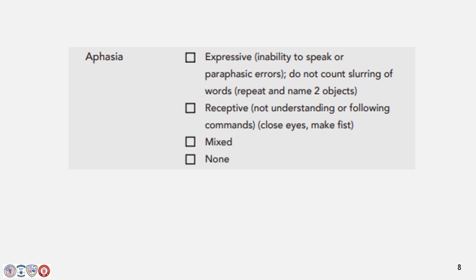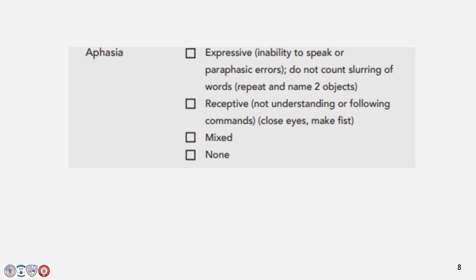This assumes, by the way, there is not a language barrier. So if you tell them, close your eyes, okay, open them, make a fist, or stick out your tongue, or put your hands together as if you're praying, those are all part of the receptive aphasia. They are able to follow commands.